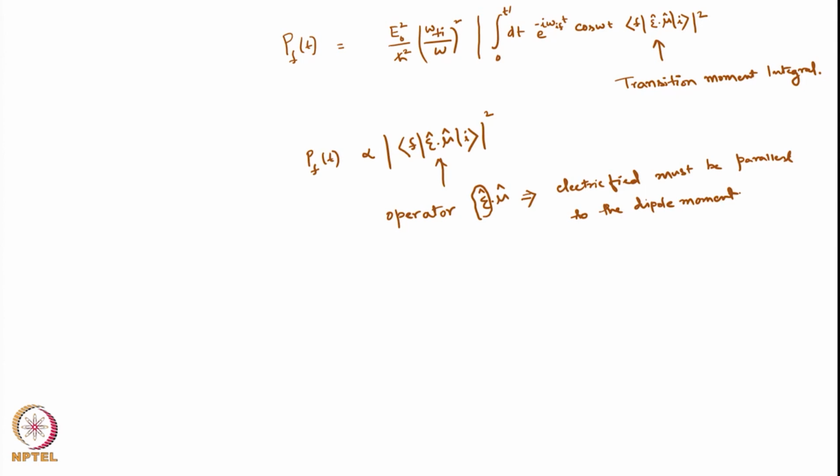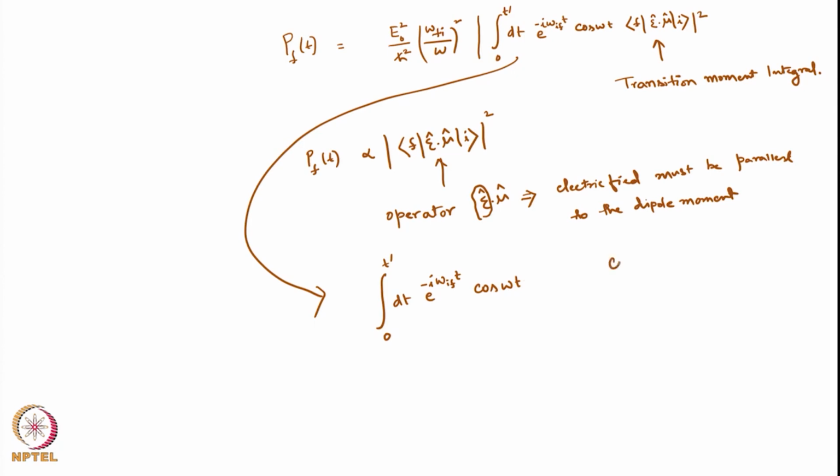Now apart from that, there is this integral, 0 to t prime dt e to the power of minus i omega if t cos omega t. I am going to manipulate this integral a little bit. Now we know that cos omega t is equal to half of e to the power of i omega t plus e to the power of minus i omega t.